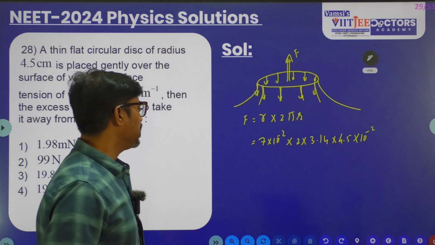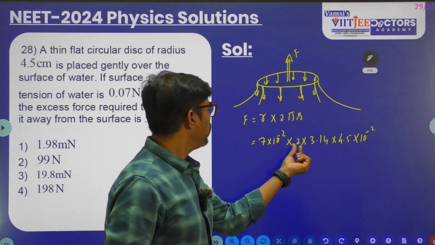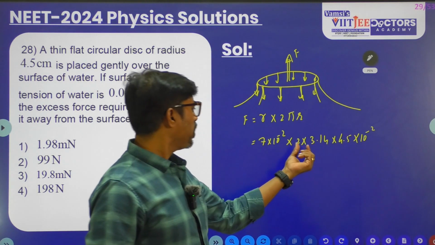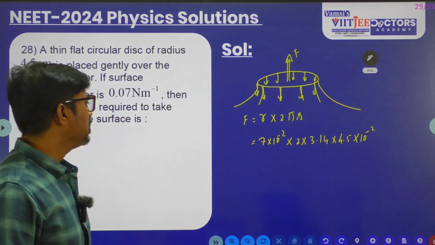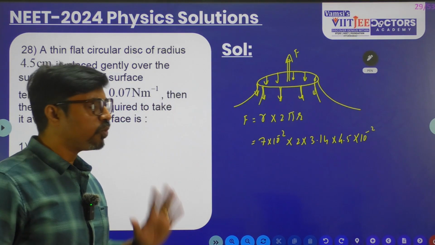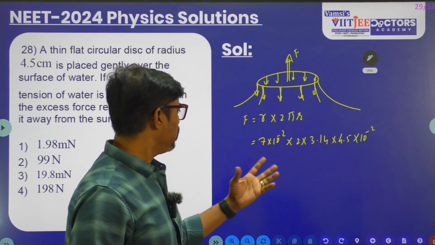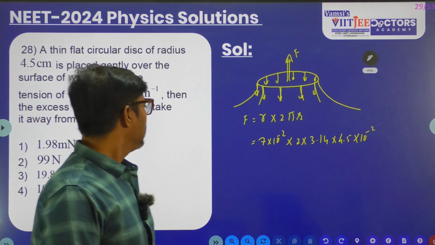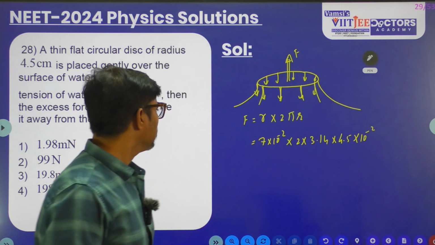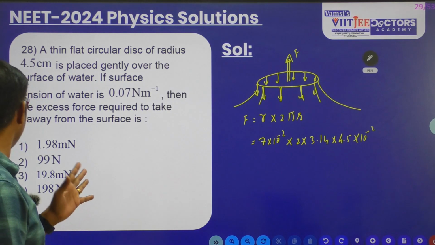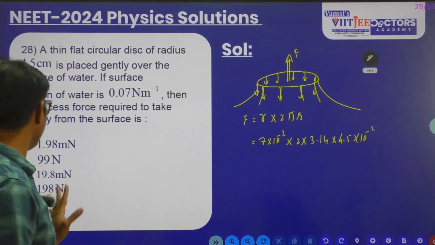Let us do it approximately. 2 into 3.14 is around 6.3. So 6.3 into 4.5; I'll make this 6 and that 5. 6 into 5 is around 30. So 30 into 7 is around 210, in the range of 200.